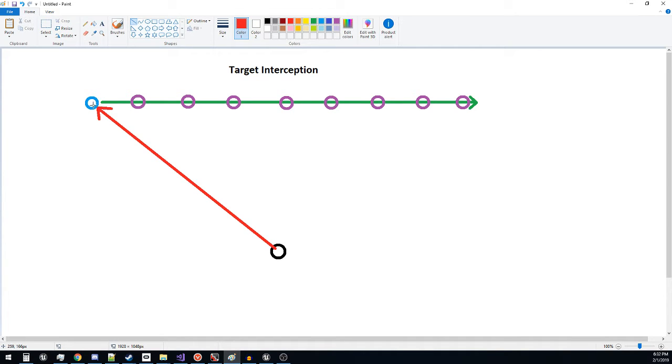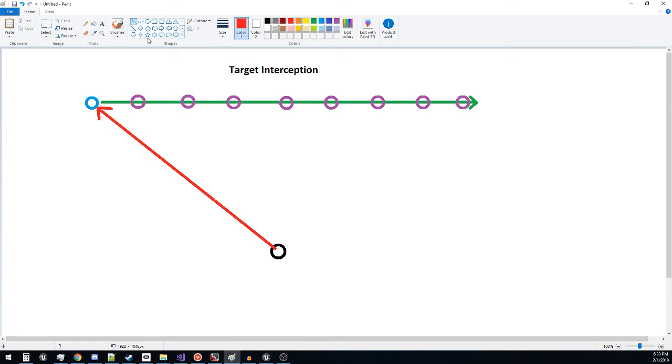So we have to calculate when this projectile will actually arrive where the target is going to be, and then set the fuse accordingly. This value is not going to be a fixed value. It's going to be a function based off of the distance from the gun to the target. So the closer to the gun that the target is, the less time that you have to put onto the fuse.